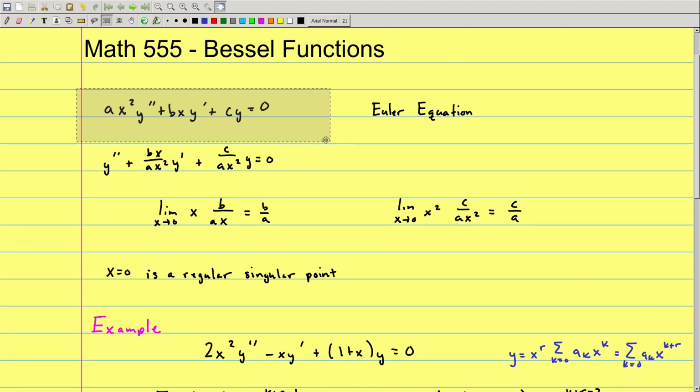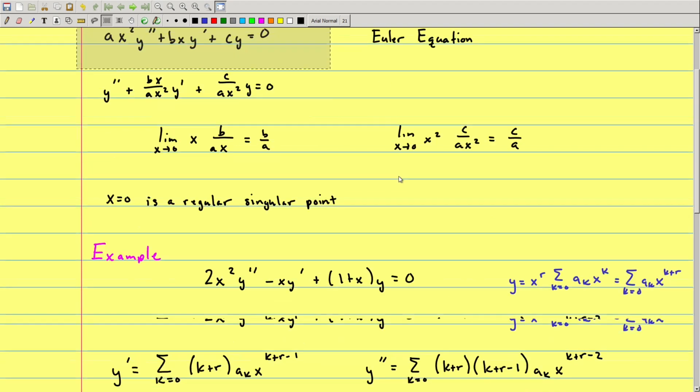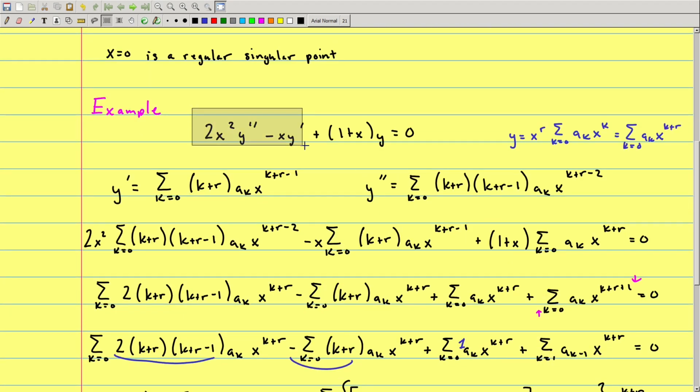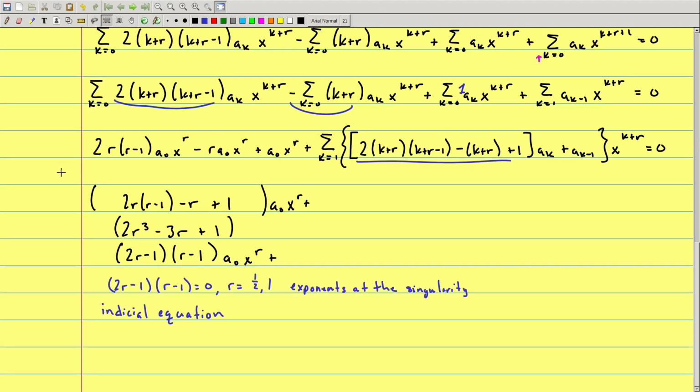For each of our differential equations that have regular singular points, and we're assuming that 0 is a regular singular point for this problem, you will end up with something that looks like an Euler's equation, and the indicial equation is exactly the same kind of characteristic equation that arises for an Euler's equation. So that's the point of the connection between the two of these things.